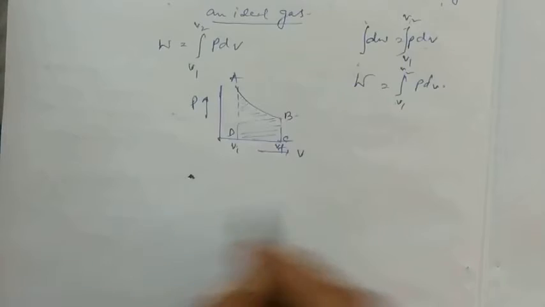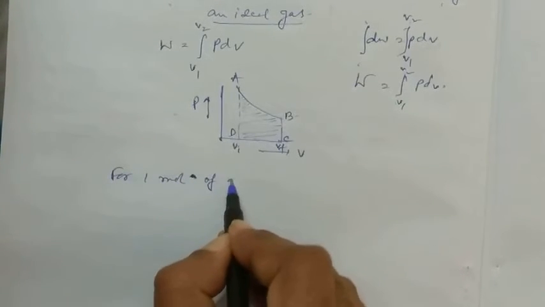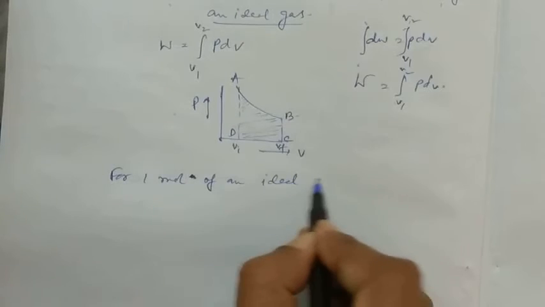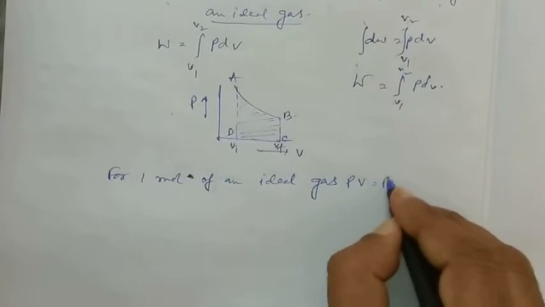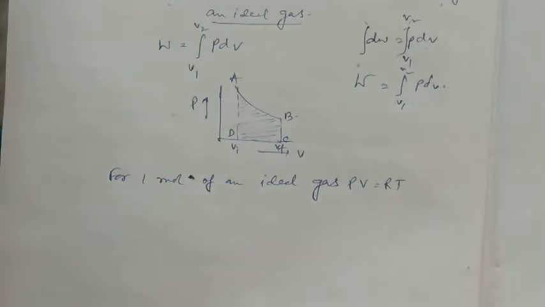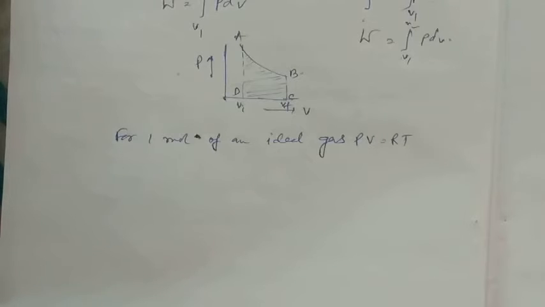Now for 1 mole of an ideal gas, what is the relation? PV is equal to RT. For n moles it was PV is equal to nRT. For 1 mole it is PV is equal to RT.